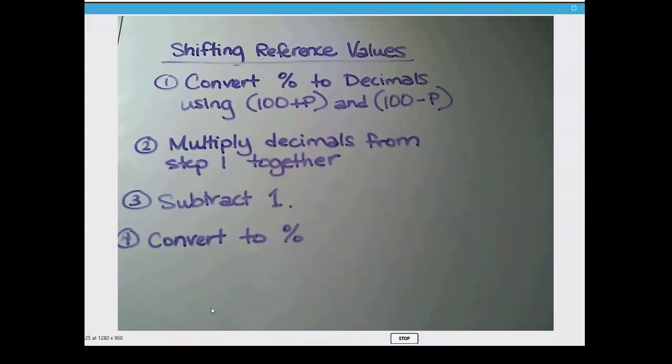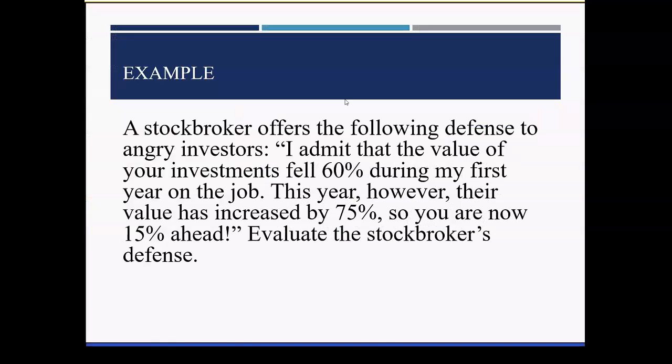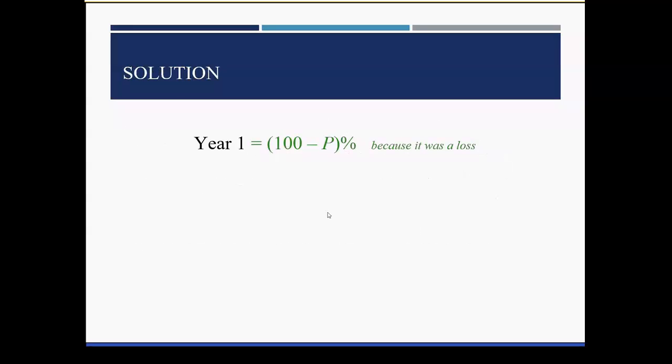Let's go back and take a look at this thing again now. We got a 60% decrease right here. It fell 60%, and then it increased 75%. So keep that in mind. For year 1, we had a 60% loss, so I used 100 minus P when I plugged it in.